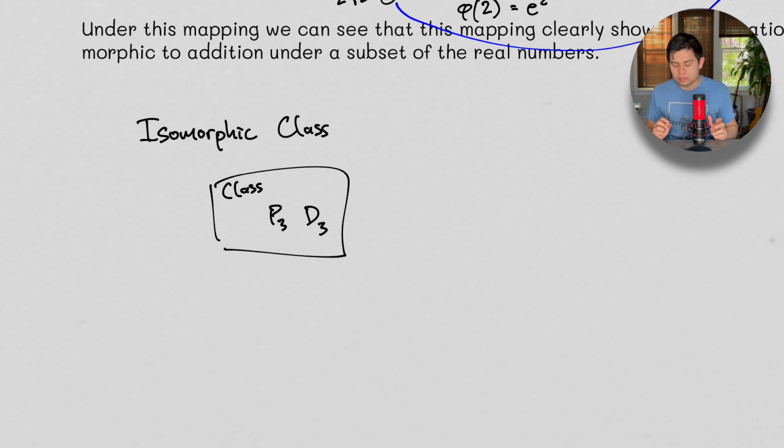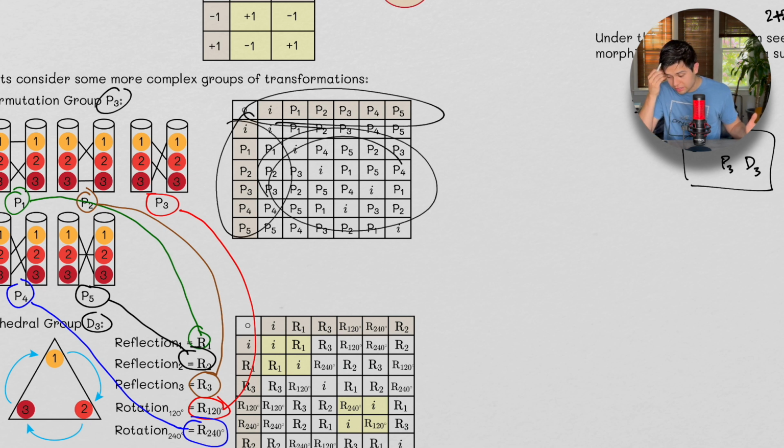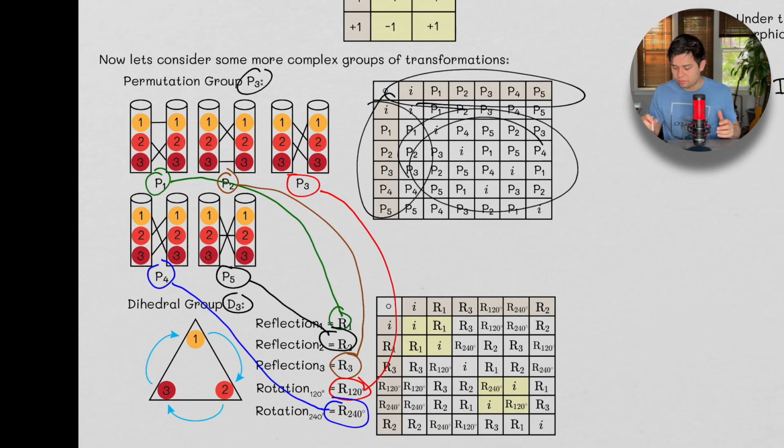The point here is that we can't identify all of the possible groups under one particular class. There could be an infinite number of groups because we could quite literally invent our own symbols and construct a characteristic table out of those symbols to resemble that of a P3 group.